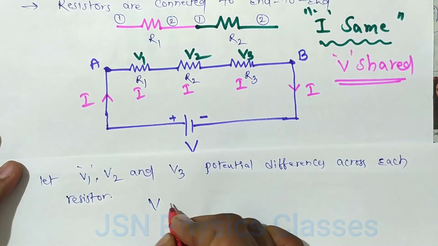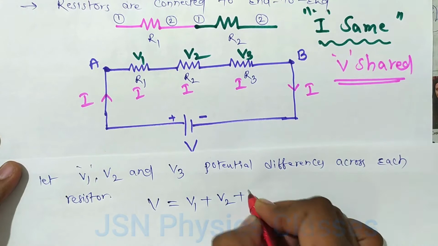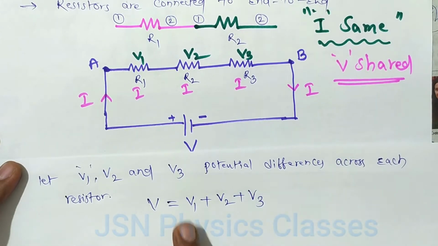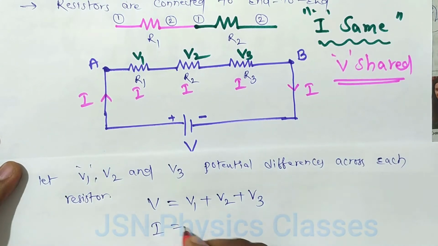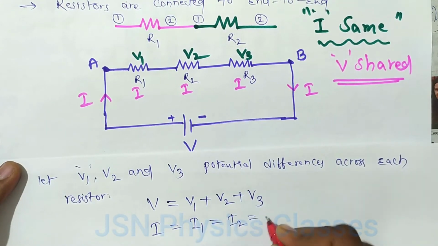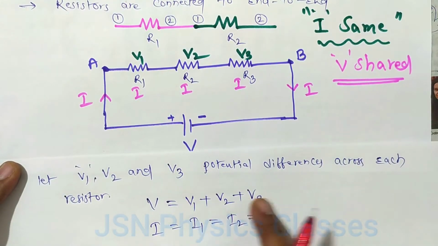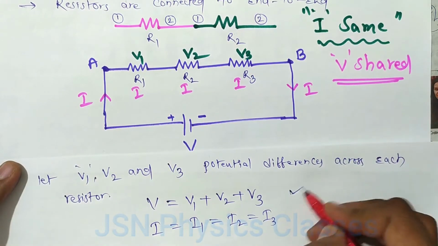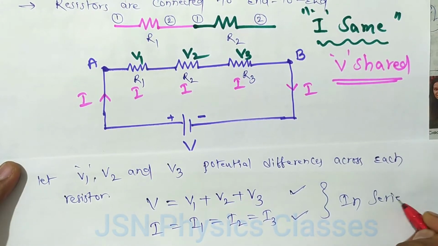So V is equal to V1 plus V2 plus V3 in this case, that means the voltage is shared. And the current I is equal to I1 is equal to I2 is equal to I3. The current is the same and the voltage is shared. These two points are very important in series connection.